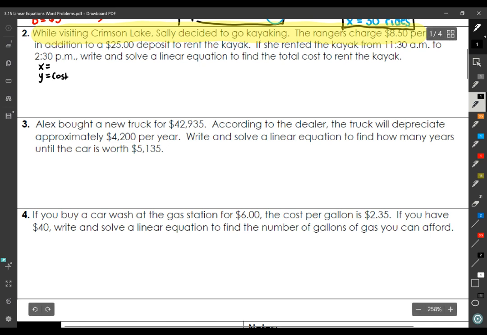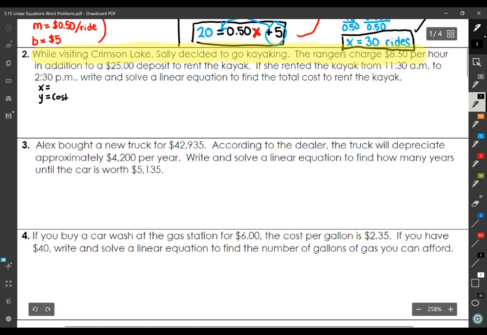Now, what affects cost? Well, it says the cost changes $8.50 per hour. So the number of hours is our independent variable.